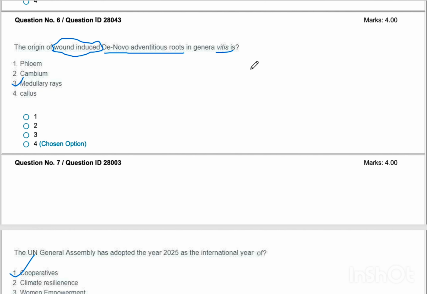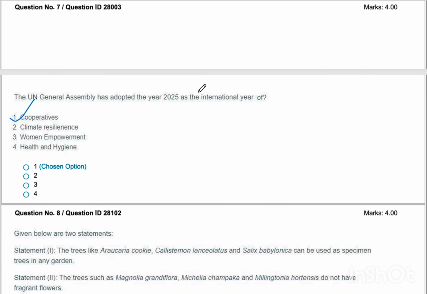De novo adventitious roots are new roots that are formed from non-root plant tissues, in response to wounding or stress. It is a survival strategy which can involve different hormonal signaling and activation of specific genes to initiate new meristematic growth. So medullary rays is the answer for this.